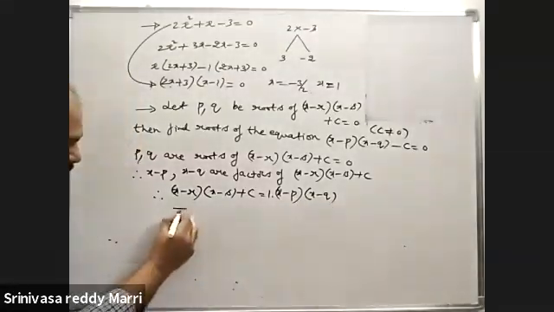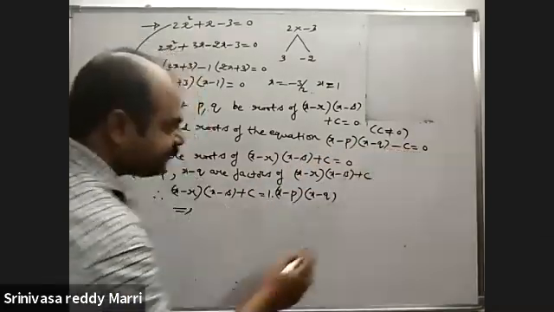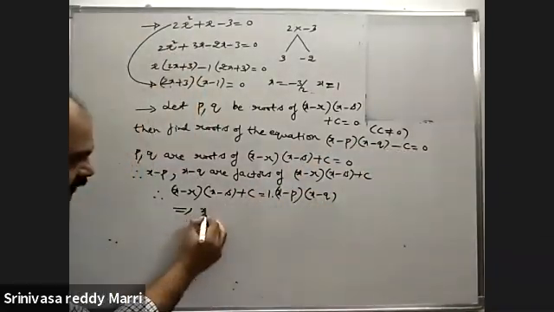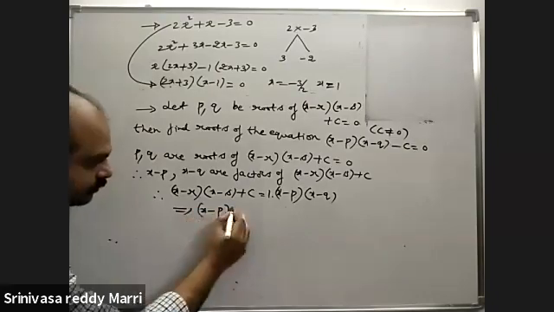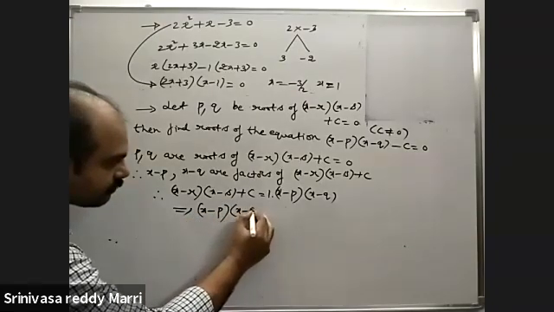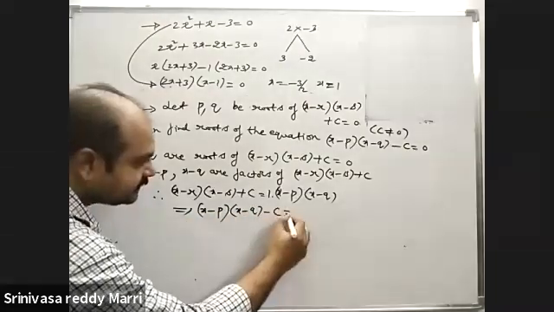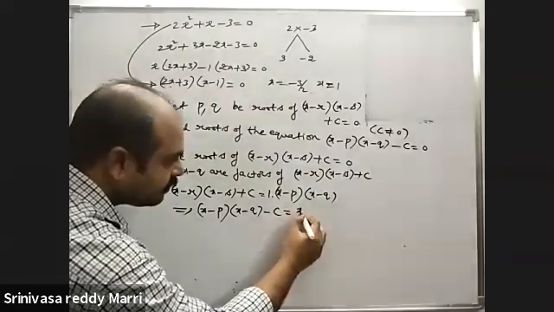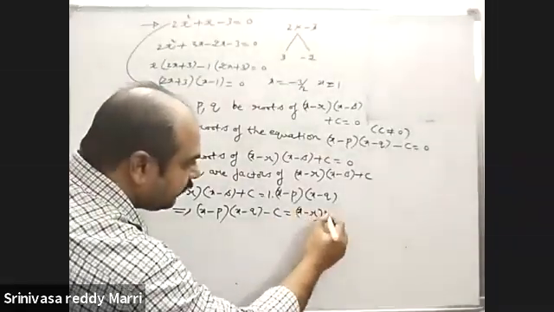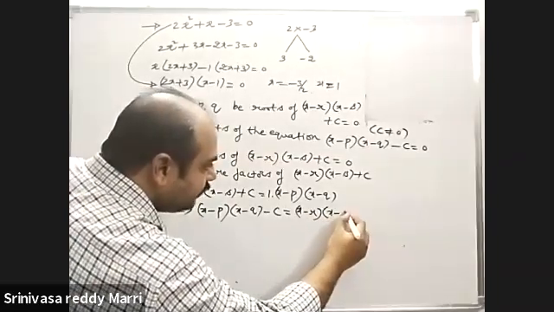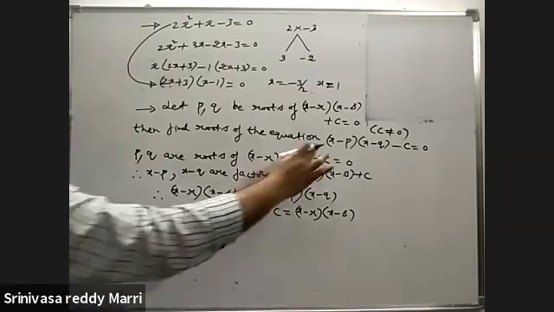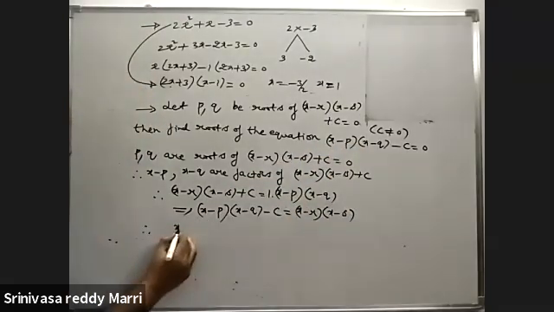Look at this expression. Bring c to that side: minus c is equivalent to x minus r into x minus s. Therefore, this is equal to 0.